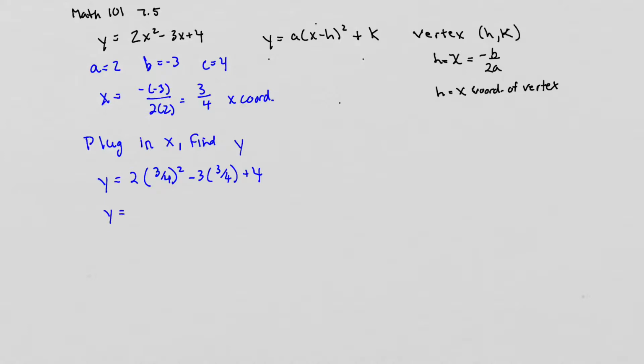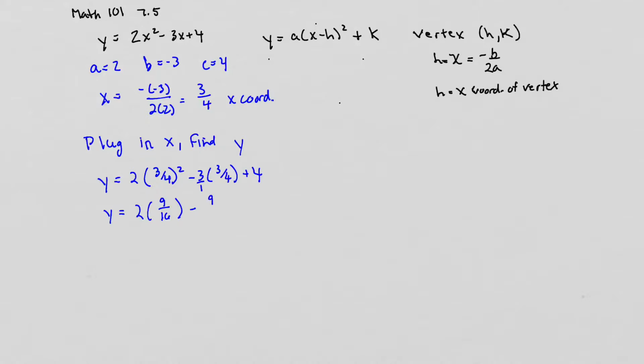So that makes the y coordinate at the vertex 2 times 3/4 times 3/4, so 9/16 minus 3 times 3/4. Remember, when you're working with fractions, this 3 is like a 3 over 1, and the numerators multiply and the denominators multiply.